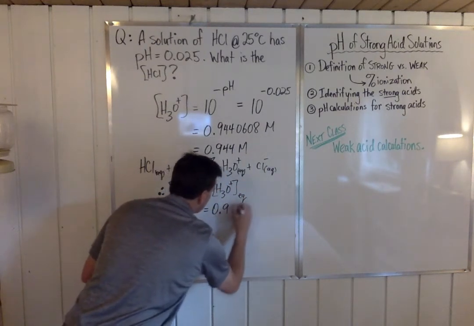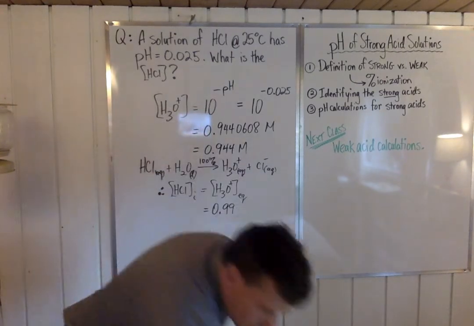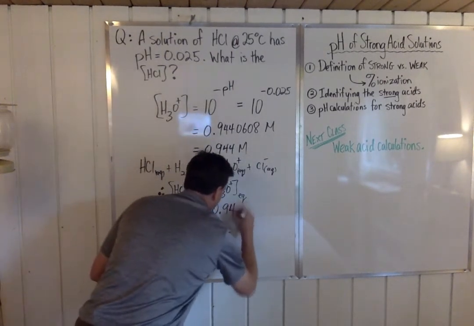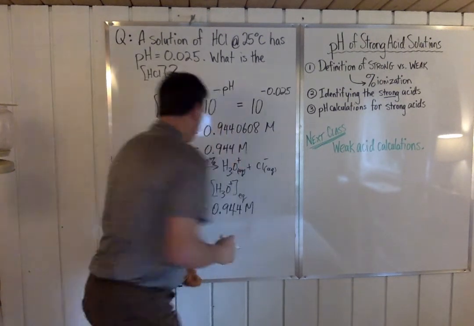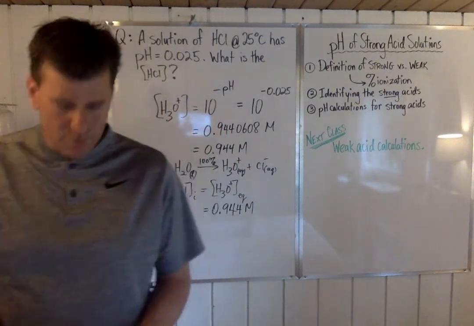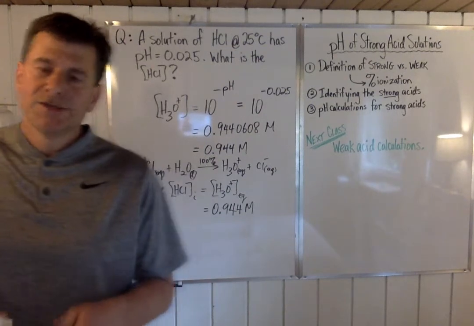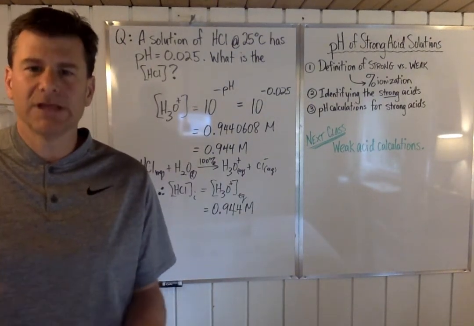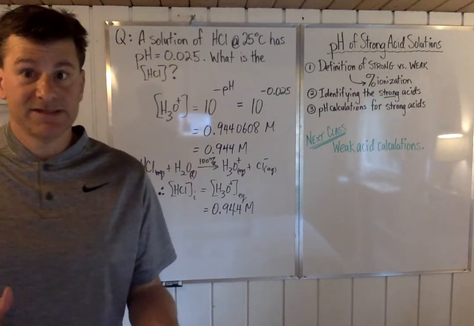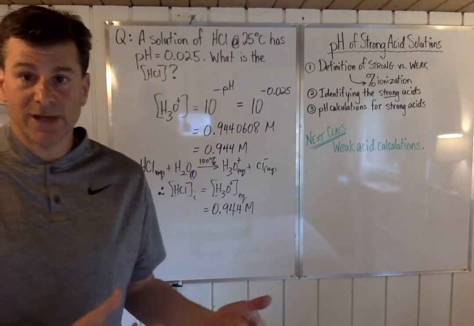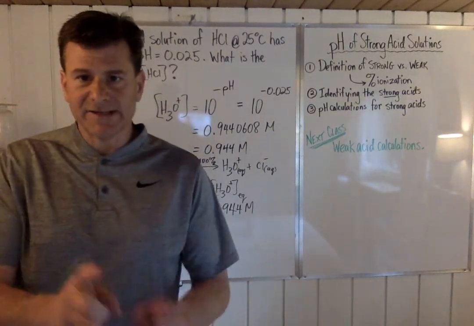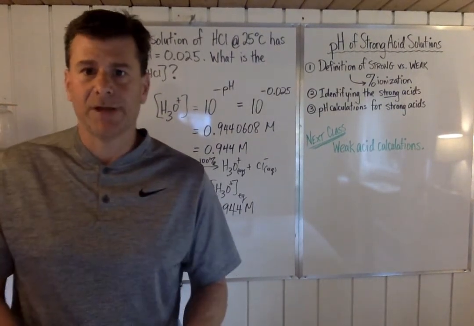Therefore, it's 0.944 molar. So that is you using your chemistry lingo to say, I get that it goes 100%. So the hydronium that got made, which is what I calculated up here, is connected to the HCl in a 1-to-1 ratio because it's 100%.